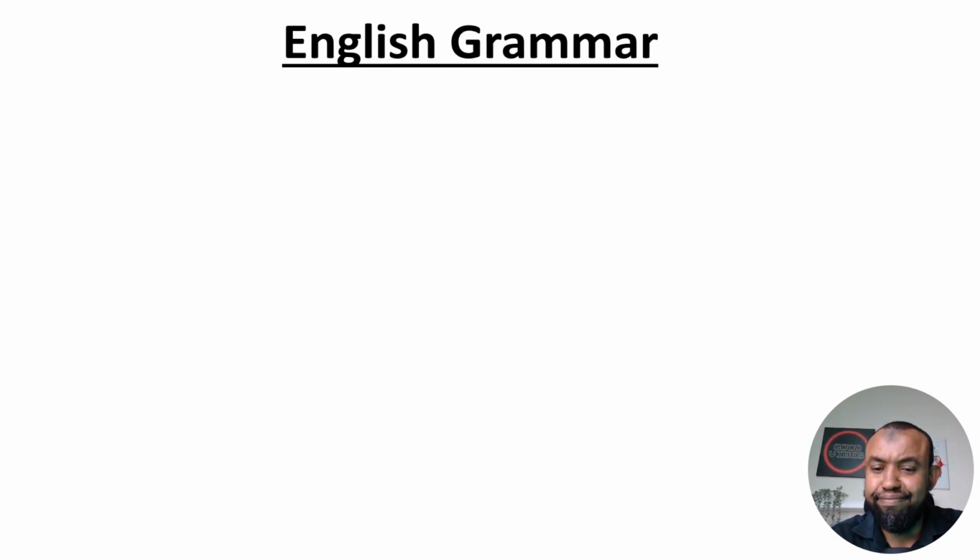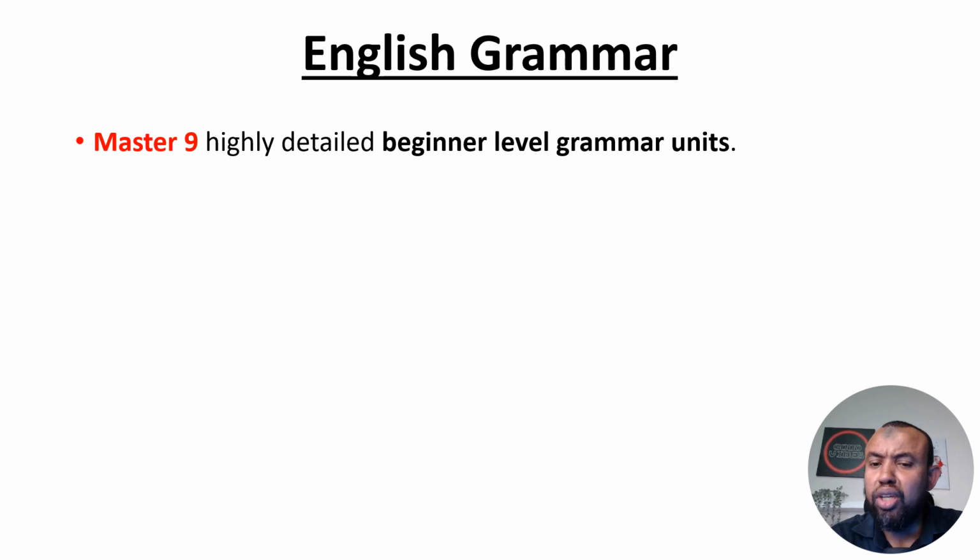So what do we have in the English grammar section? You will master 9 highly detailed beginner level grammar units. We will start with the basics of the English language, which are the alphabets, the A's, the B's, the C's. And then once we are done with that, we will move on to, for instance, the verb to be.